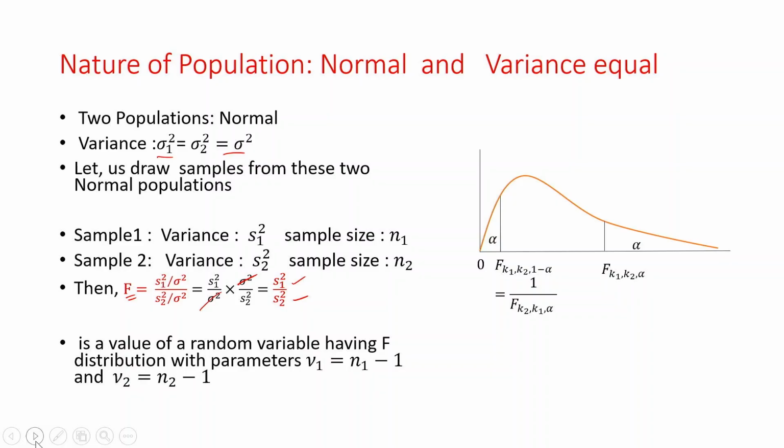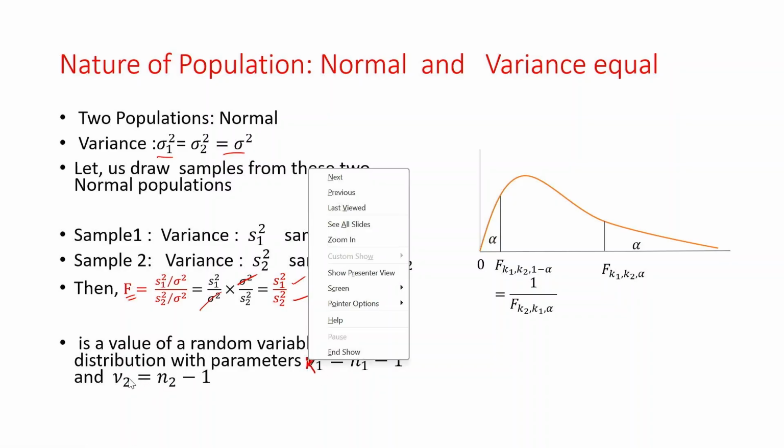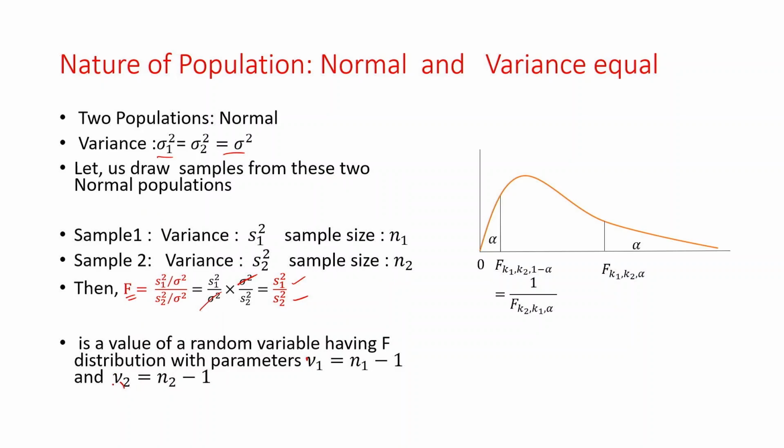Rest of the things remain the same, that is K1, K2, they are degrees of freedom, and the curve will look like this. It will start from 0 and go towards this side up to infinity. And this is the area.